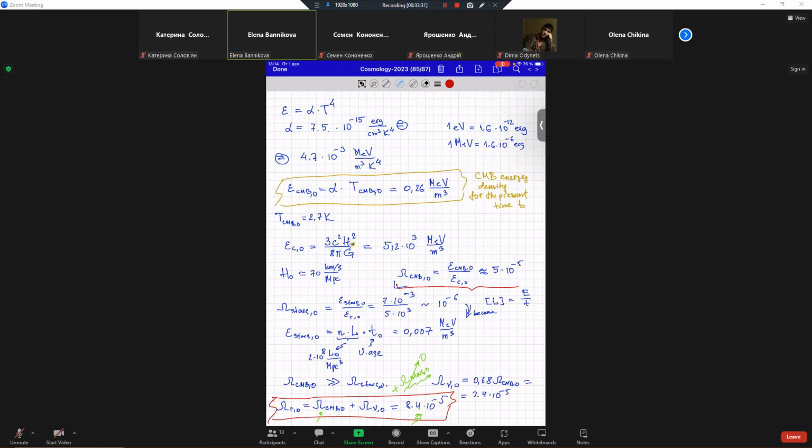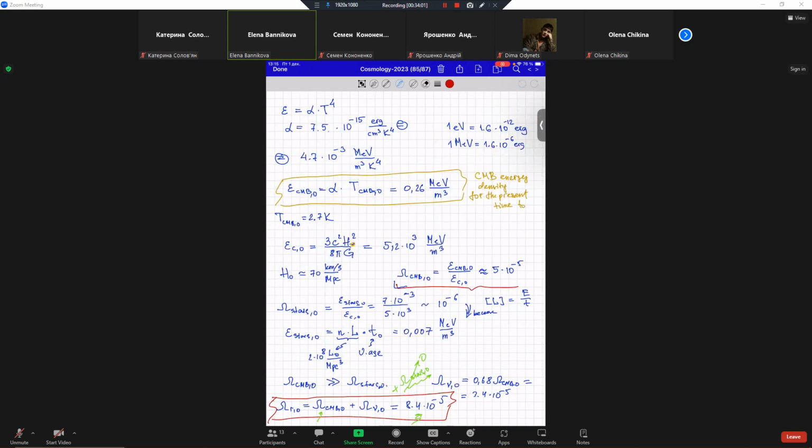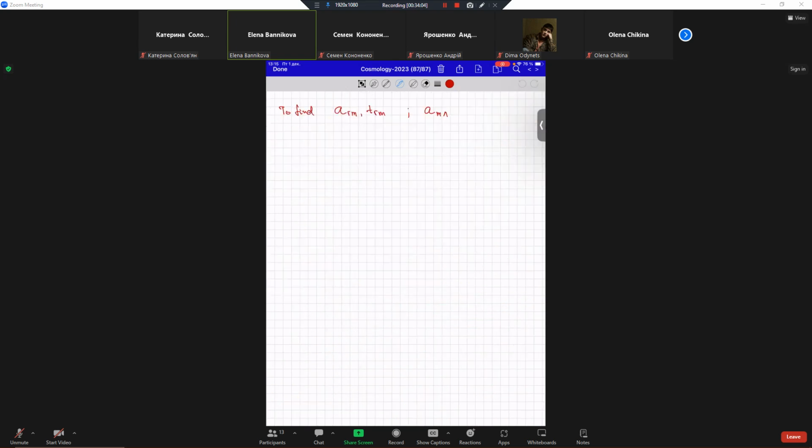This is the important time when we go from a matter era, the stage where the energy density of the matter was much more important than others, to the dark energy era. So we want to find a_mΛ and t_mΛ. So let's find it.